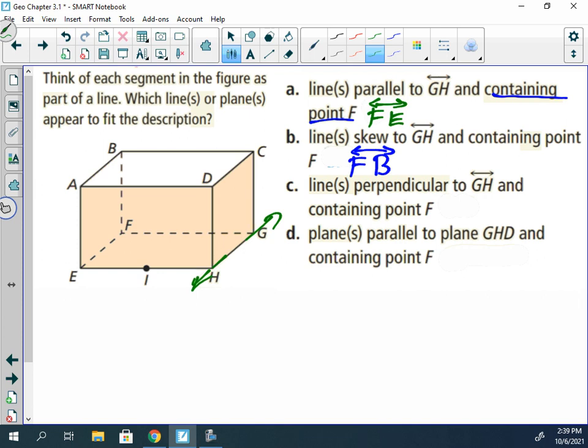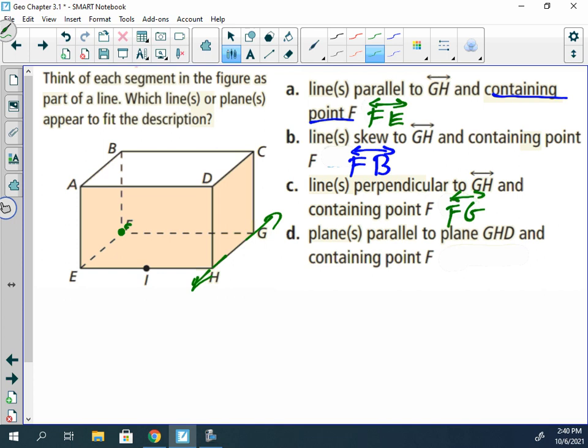All right, how about the line perpendicular to GH and goes through point F? Yeah, because most likely on these here, because it tells us the point, it's going to be contained in the naming of the line or plane or whatever we're doing.